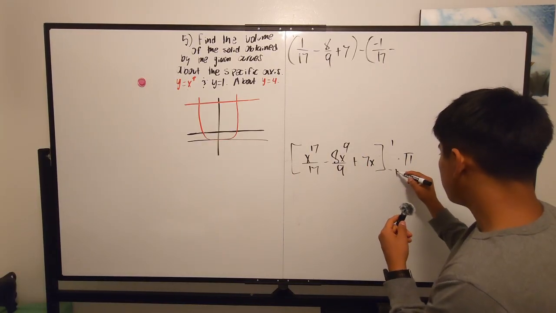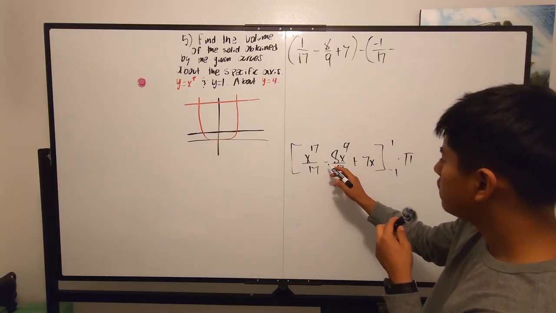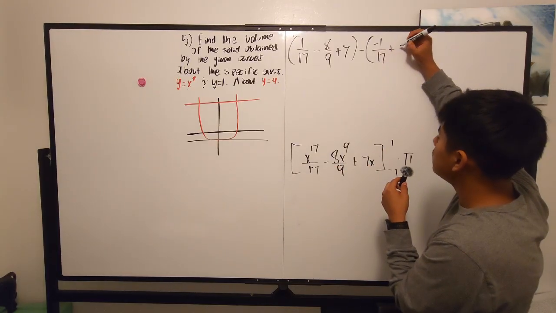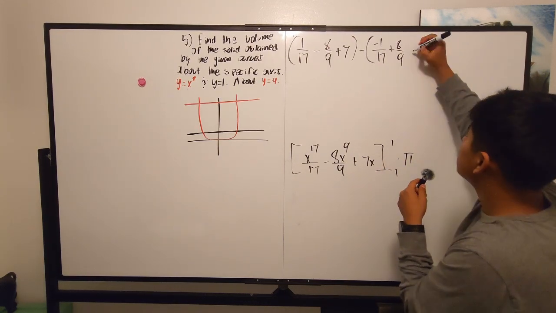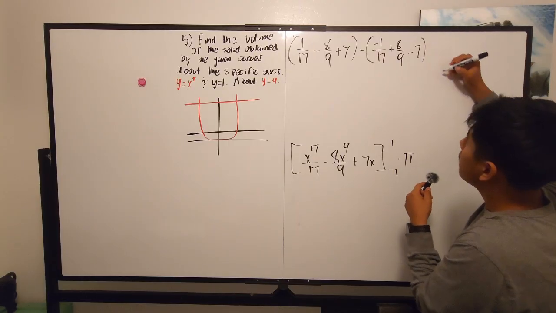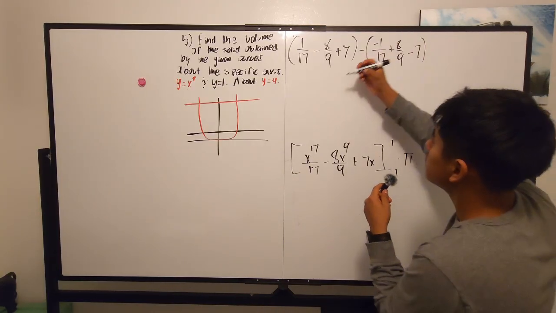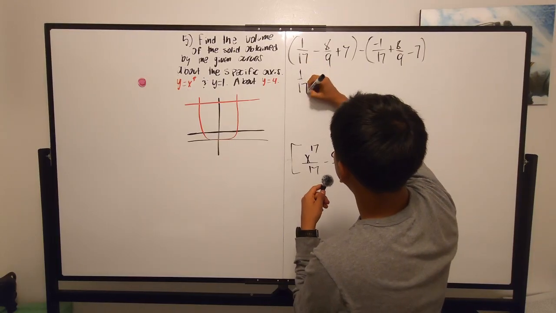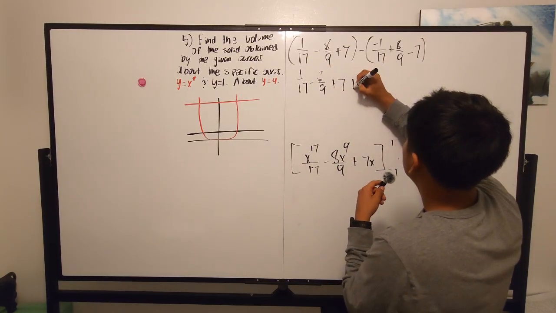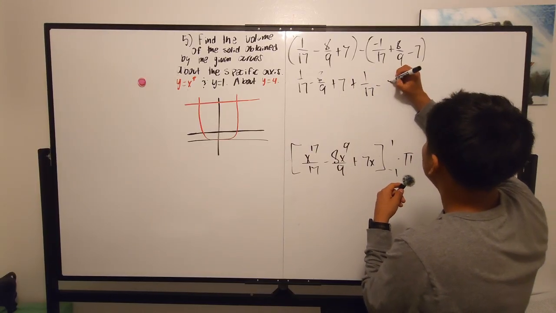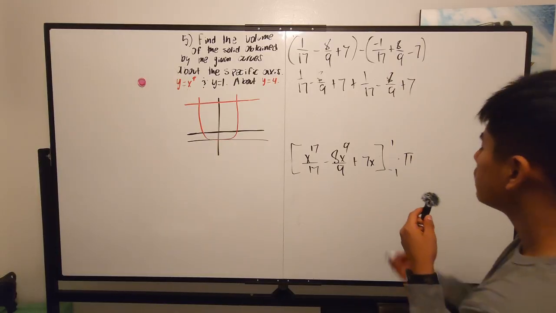That's going to remain as -1 times the 8 is going to get you -8, but since you have a negative right here already, that's going to make it a positive 8 over 9, and then that's going to be -7, just like that. And now what I'm going to do here is distribute this negative. So we have 1 over 17 minus 8 over 9 plus 7 plus 1 over 17 minus 8 over 9 plus 7. So we're going to combine like terms.